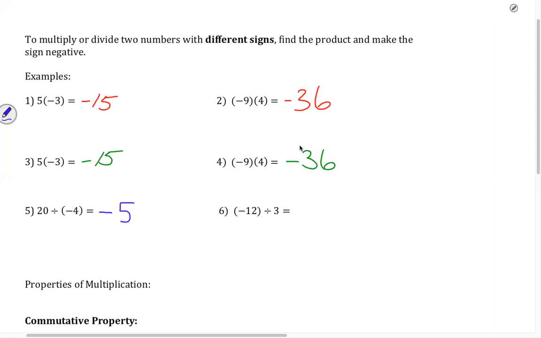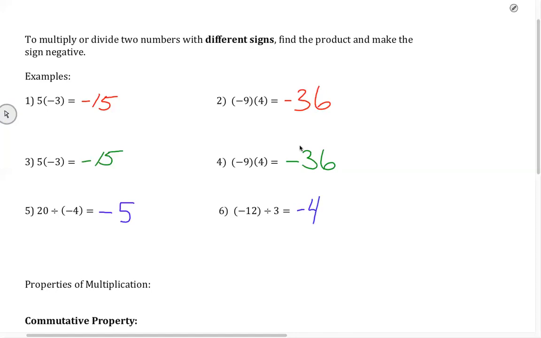All right. What about the last one here? Let's go back to Drew. Drew, -12 divided by 3 is negative 4. -4. See? Nice and easy.